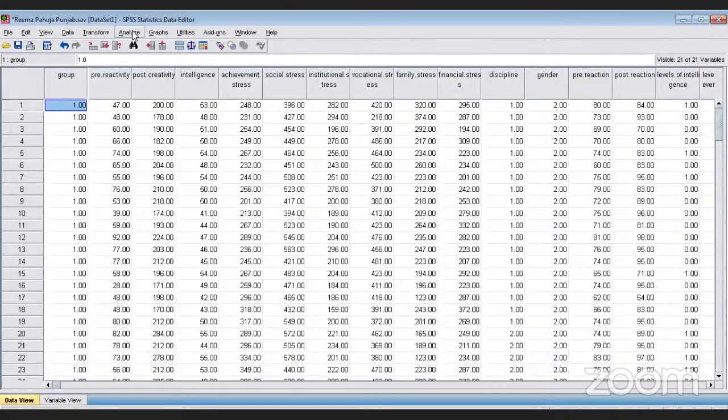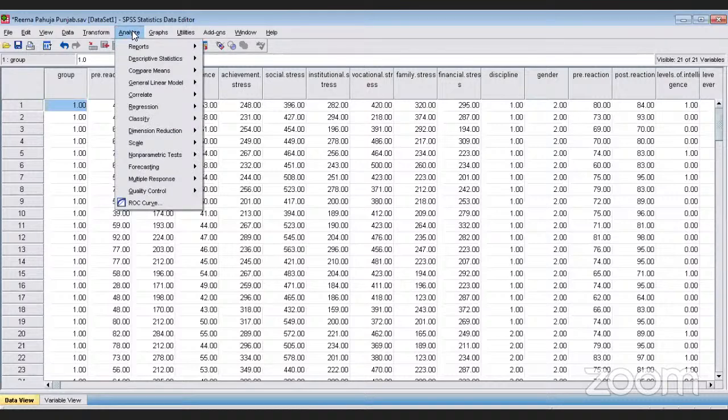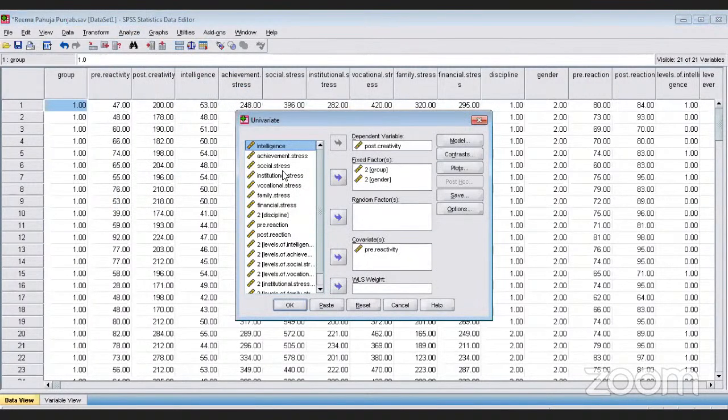Here is analyze. I click it here. I go to the general linear model and then to the univariate. I click it here. Now, this is my group, means the treatment.